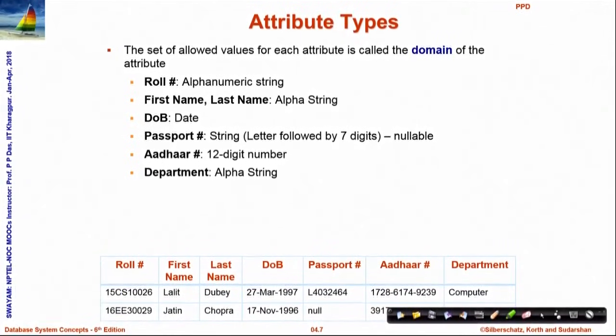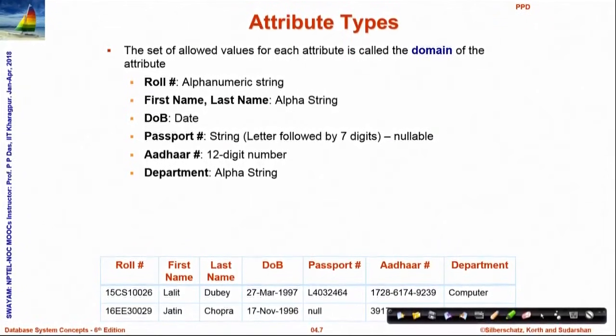Now, let us look at attributes more specifically. Each column is an attribute, as we said. Every attribute has a domain. The domain is a set of possible values that an attribute can take. If you look into the example here, I am trying to define a table having different students.